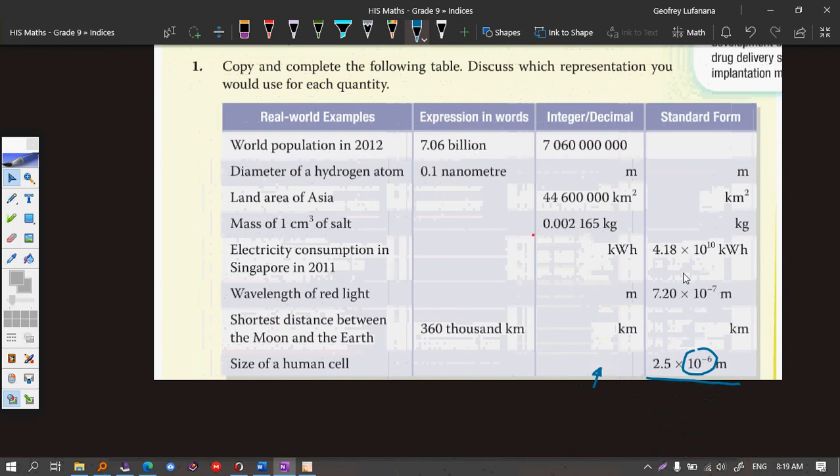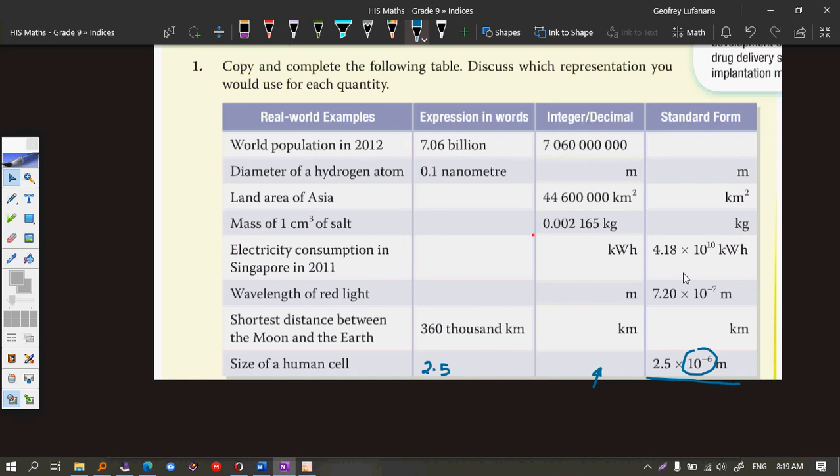Size of a human cell is 2.5. Okay, I need to write that in words though. 2.5, but figures will work also. 2.5 micrometers. How did I know that? This number, 10 to the power negative 6, has a prefix of micro.